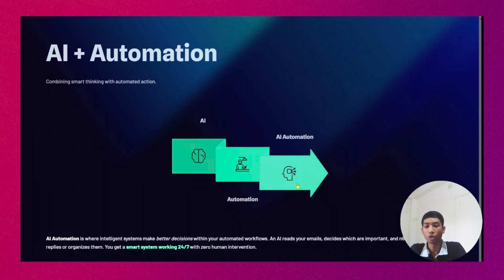It's where intelligent systems make better decisions within your automated workflows. For example, AI reads your emails, decides which are important, and n8n automatically replies or organizes them. You get a smart system working 24 out of 7 with zero human intervention. Actually, AI automation and AI agent are like the same thing.